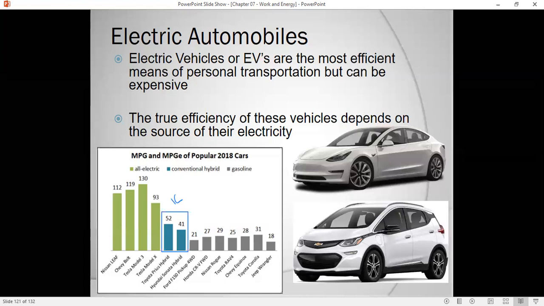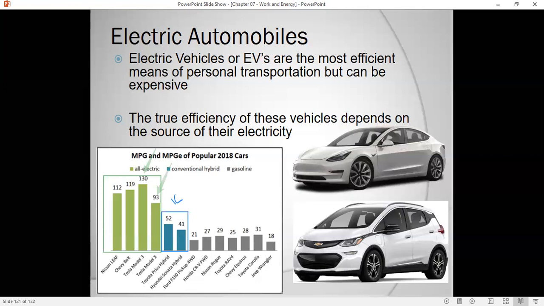Now we compare them to the all-electric vehicles. Okay, look at this one here. Yes, they're more expensive. Tesla Model 3, Tesla Model X, 93 to 130 miles per gallon equivalent.